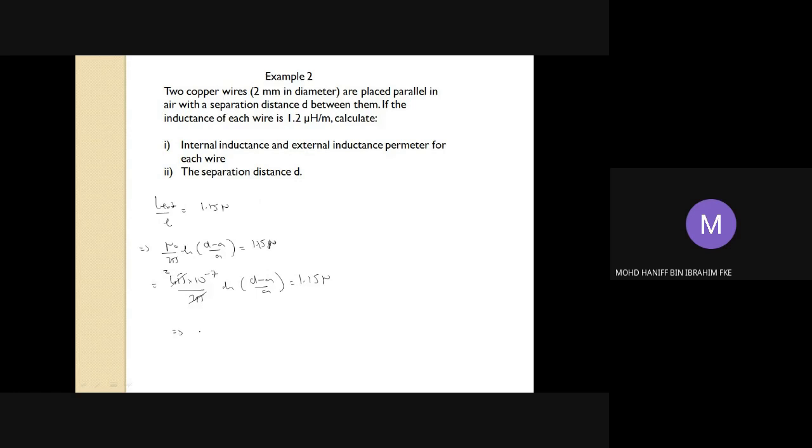So that should be ln of (D minus 1 millimeter) over 1 millimeter equals 1.15 micrometer divided by 0.2 micrometer.